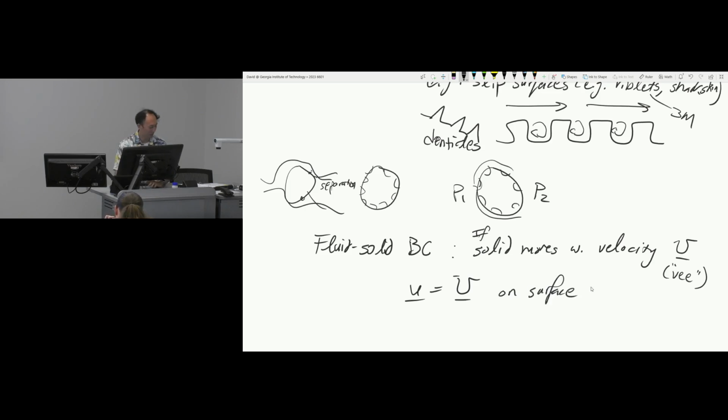And I think everyone who's taken fluids knows this. They call this the no slip, because you basically stick to the velocity. If you know the velocity of the surface, then you know the velocity of the fluid.